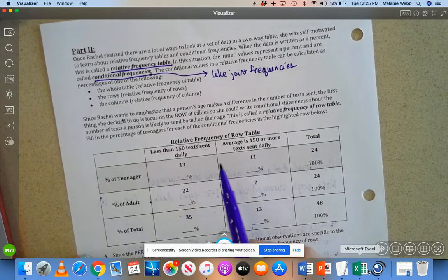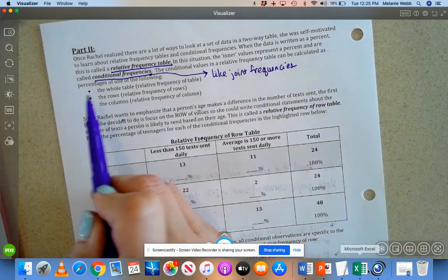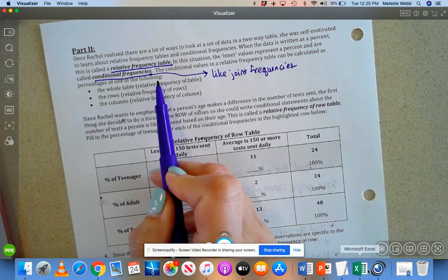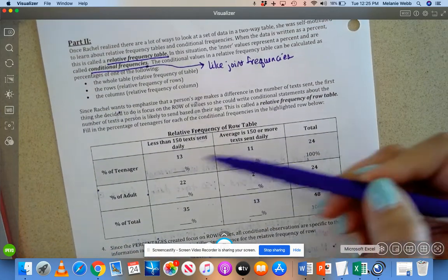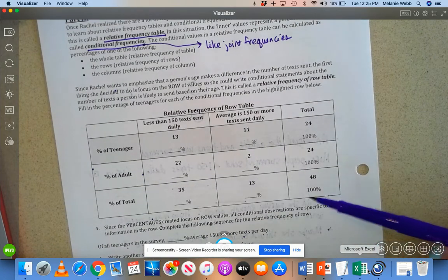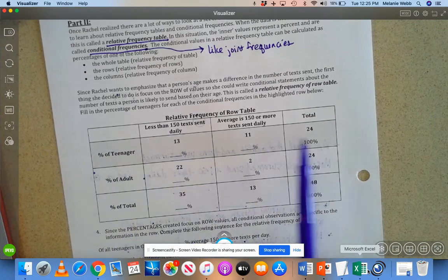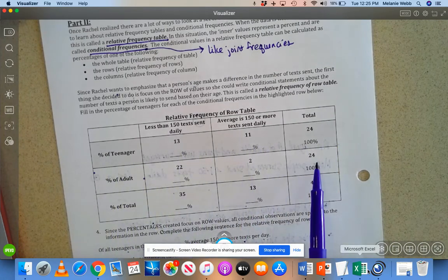So the conditional values in a relative frequency table can be calculated as percentages of one of the following. So you can figure out these percents based on the whole table, like all of them out of this number, or you could figure them out by rows, those percentages, or by columns.